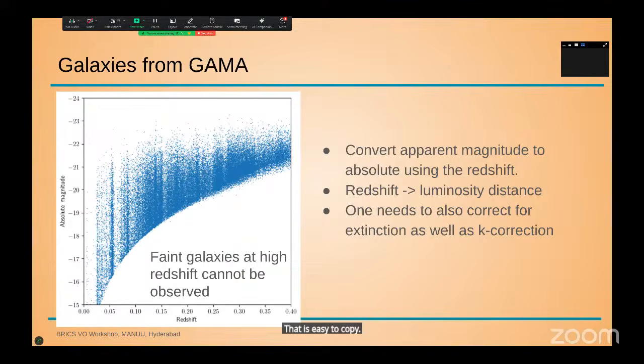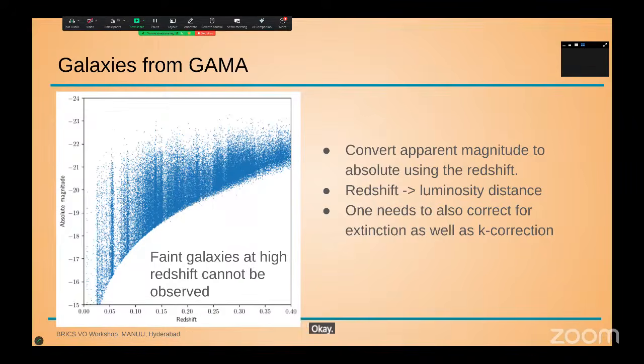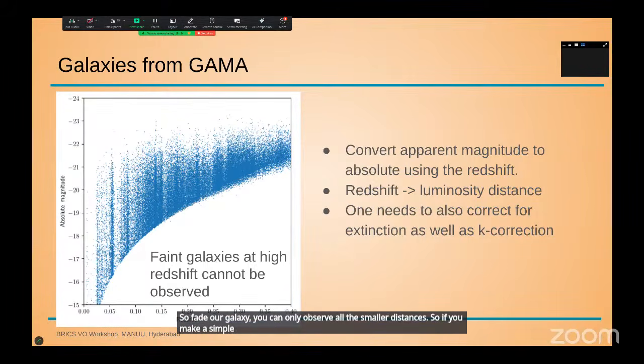The problem comes in the volume. So what volume do I use in order to divide, to calculate the number density? That's where the tricky part is, because the brighter galaxies you can observe out to large distances, while the fainter galaxies you can only observe out to smaller distances. So if you make a simple histogram, then it will look very odd. It will not actually tell you what the number density of galaxies as a function of luminosity is.